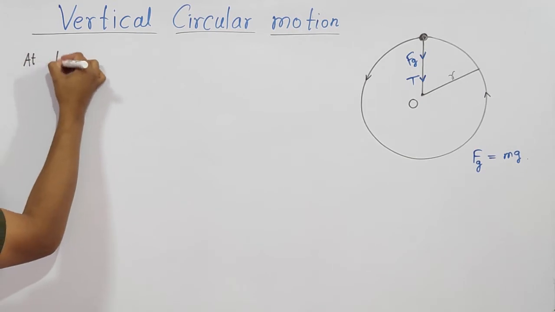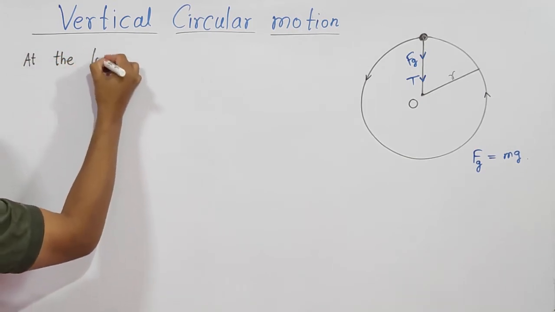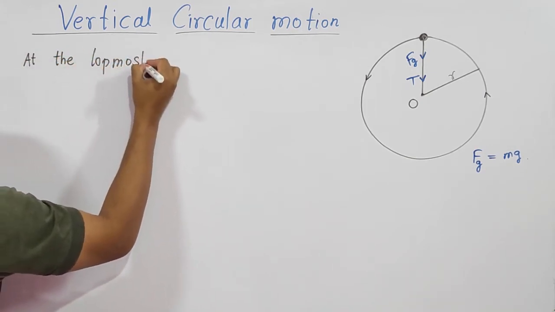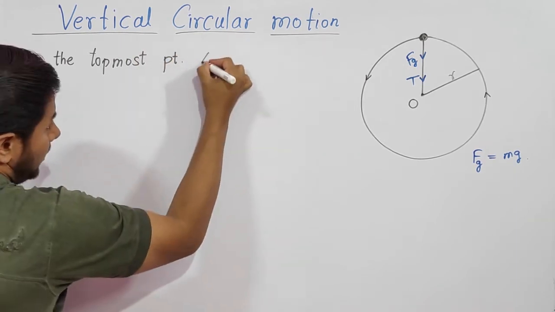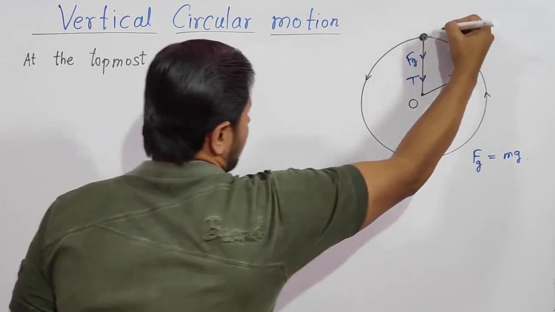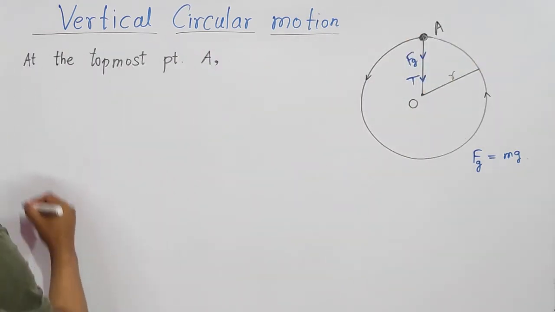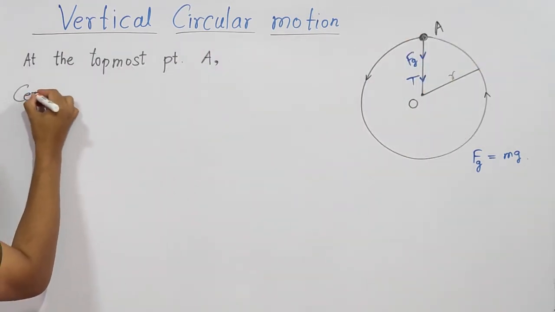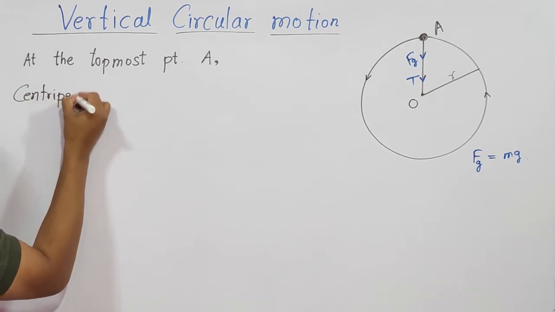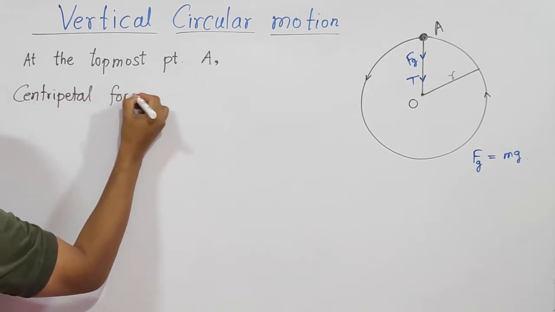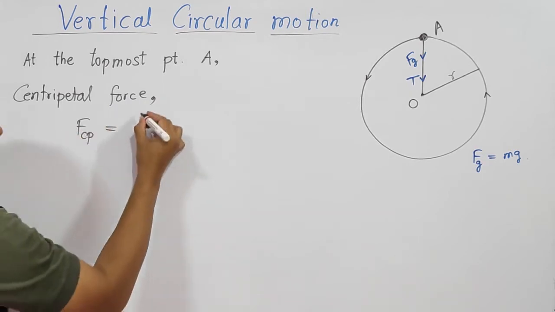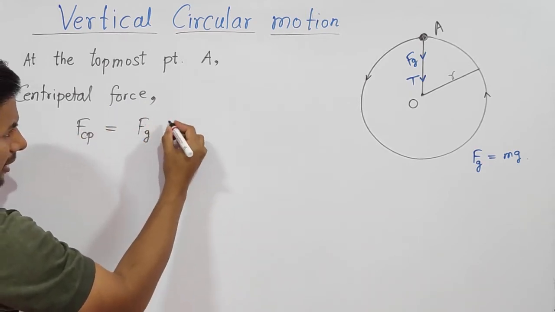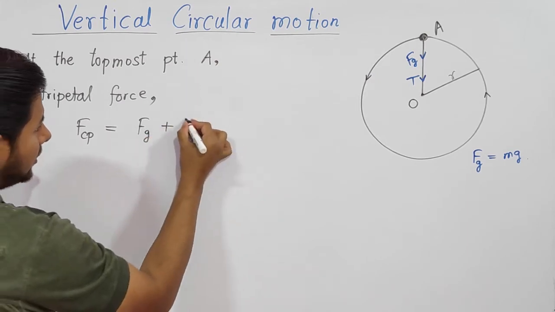So at the topmost point, let's call it point A, we have centripetal force F suffix Cp equals the gravitational force F suffix g plus tension in the string.